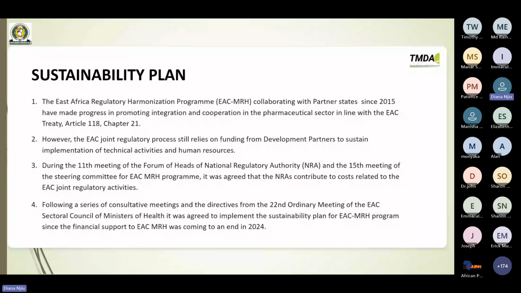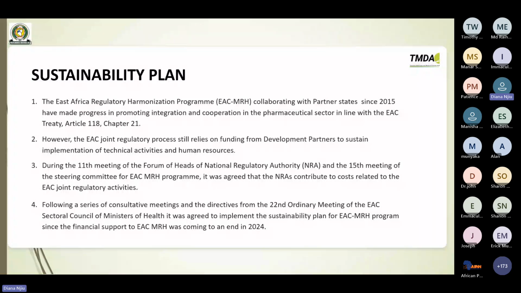This plan aimed to involve NMRAs to provide contributions for the pathway, and it was endorsed by the 24th ordinary meeting of the EAC Sectoral Council of Ministers of Health.